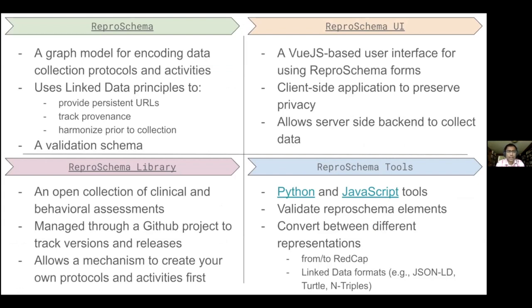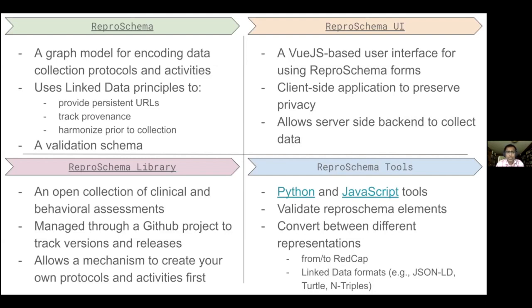The schema uses linked data principles to provide persistent URLs for everything that's encoded in the schema. It provides a way to track provenance, and the key goal of the schema is not to go after we've collected data and harmonize it to some submission standard, but to get data in as structured a format as early as possible so that the harmonization becomes automatic.